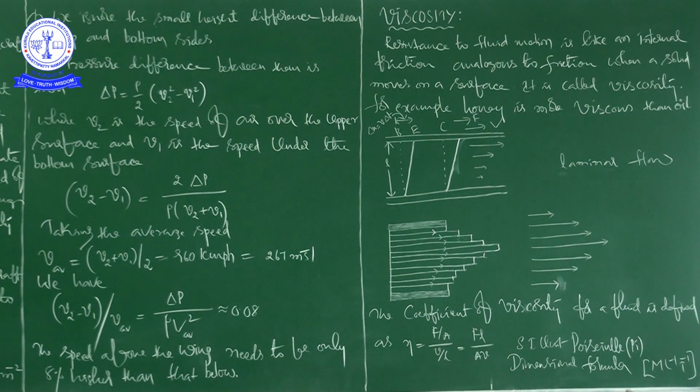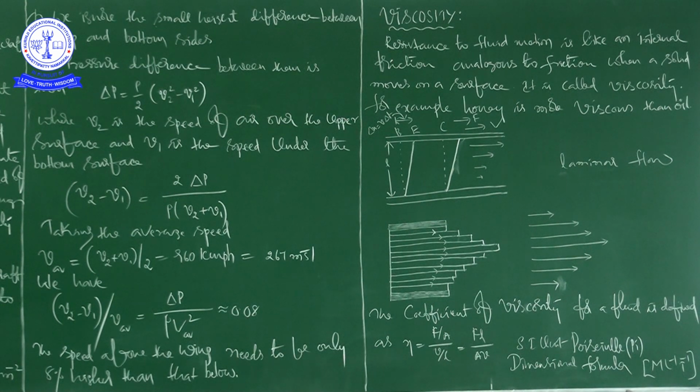Just imagine the fluid which is present in the bottle as different layers. When water or honey, whatever it may be, tries to come out, every layer, either the top layer or bottom layer or second, third, fourth layer, tries to stop the motion of the next layer.